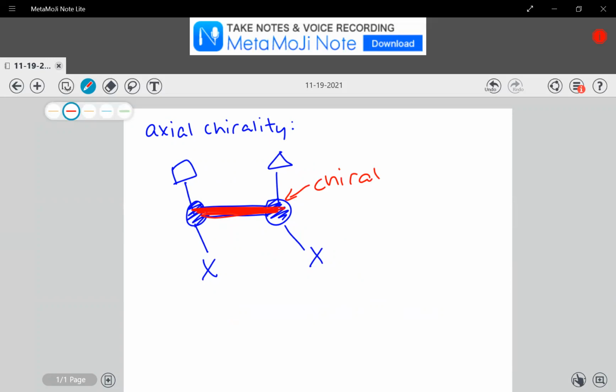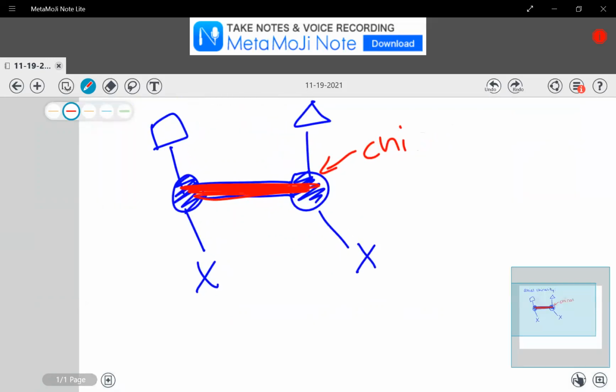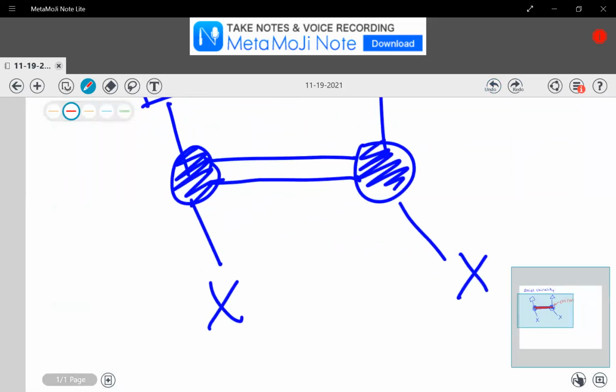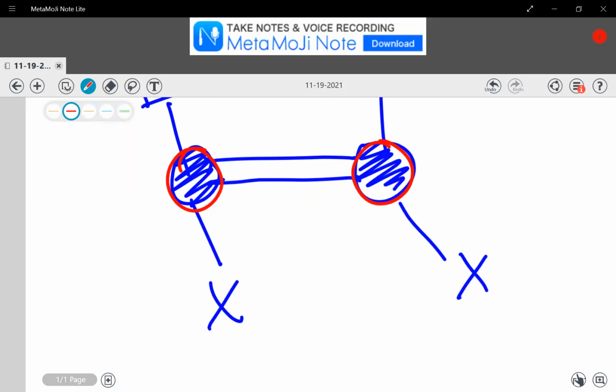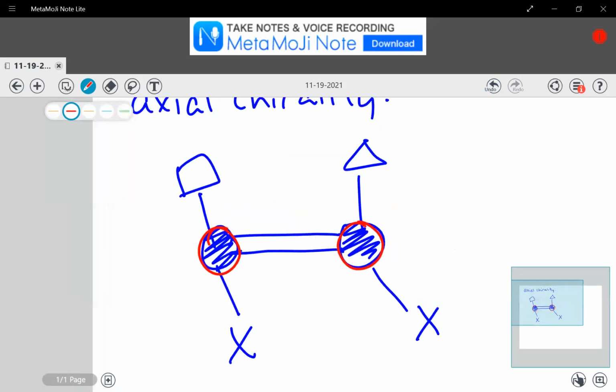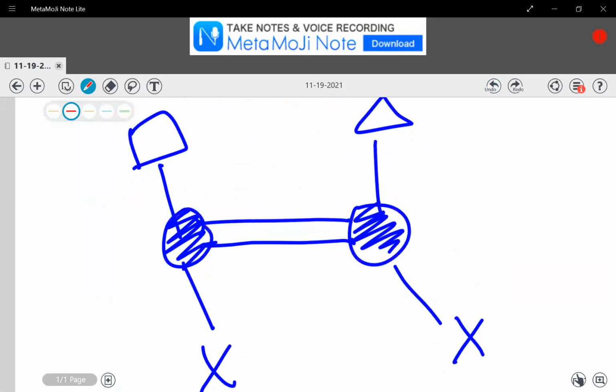So, interesting thing about this chiral axis is that each of these little atoms here, they are sp2 hybridized. So what do I mean? Well, they're attached to 1, 2, 3 points, 3 things. sp2, sp2.